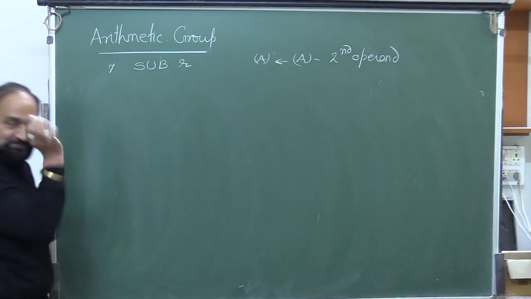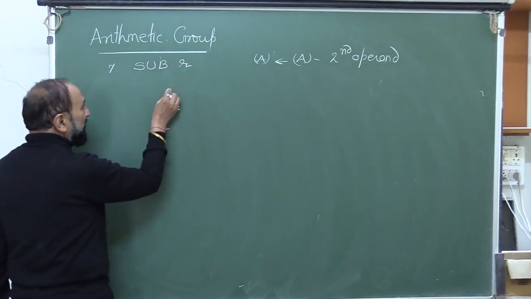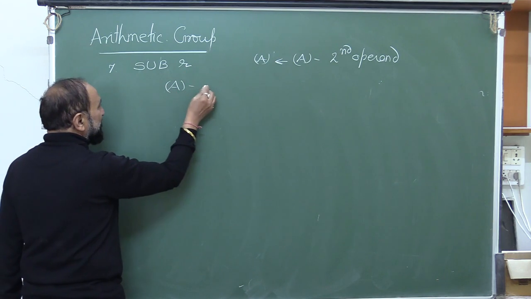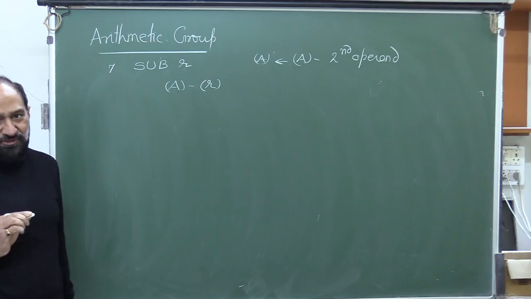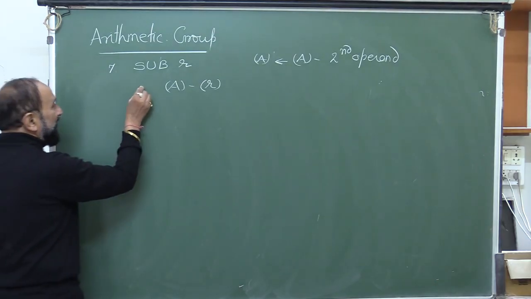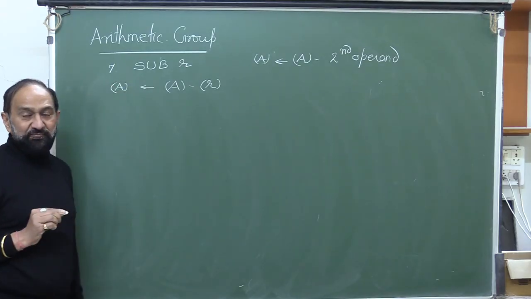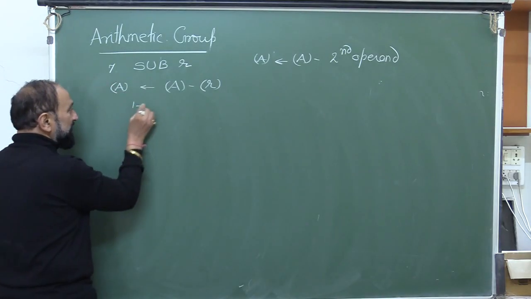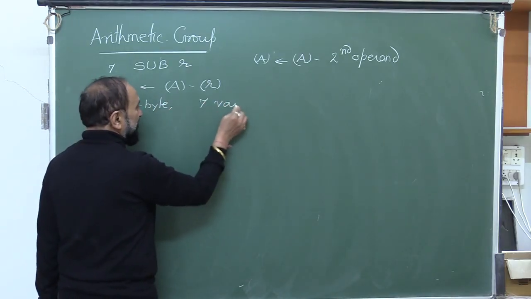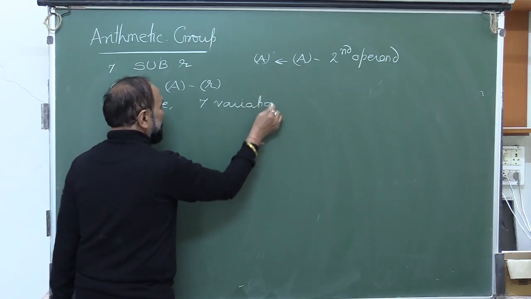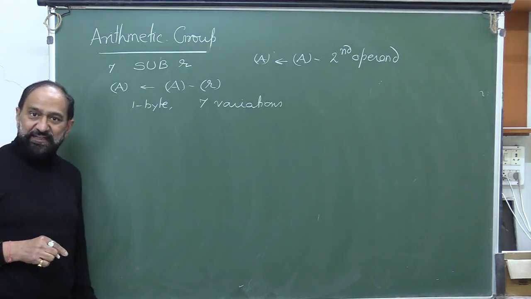The first instruction is SUB R, meaning subtract the contents of register R from the contents of accumulator and store the result back into accumulator. It's a single byte instruction and it has 7 variations: B, C, D, E, H, L and accumulator.